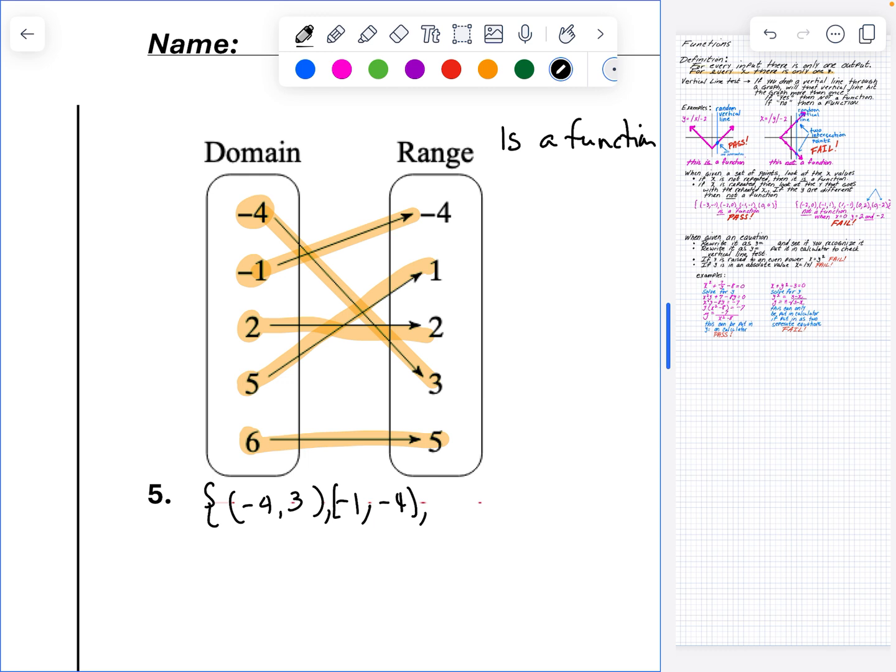And then you'd have 2 goes to 2, and 5 goes to 1, and 6 goes to 5. So -4 only shows up once. -1 only shows up once. 2, 5, and 6. That makes this a function.